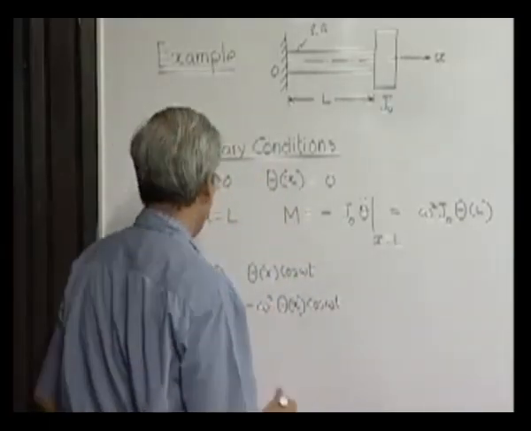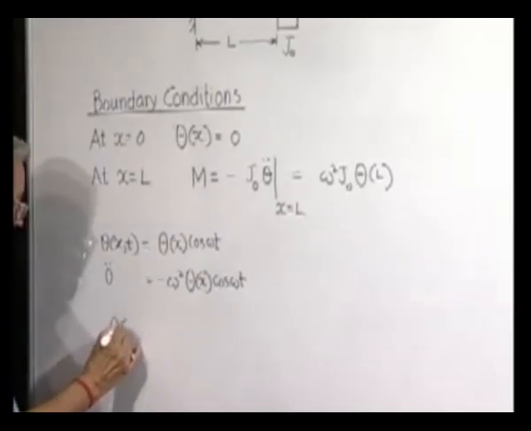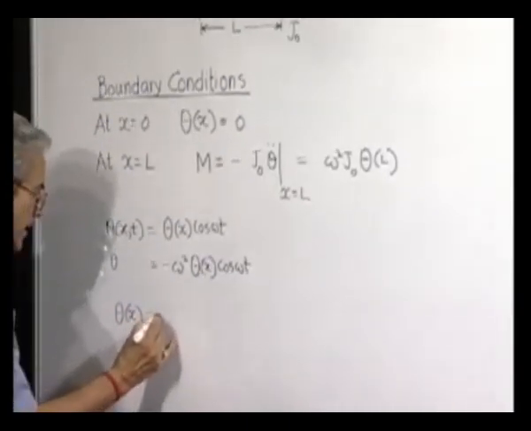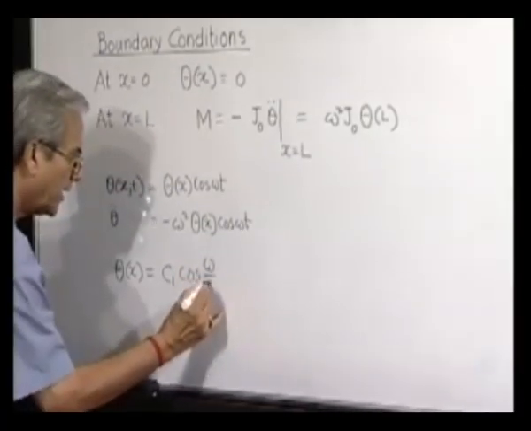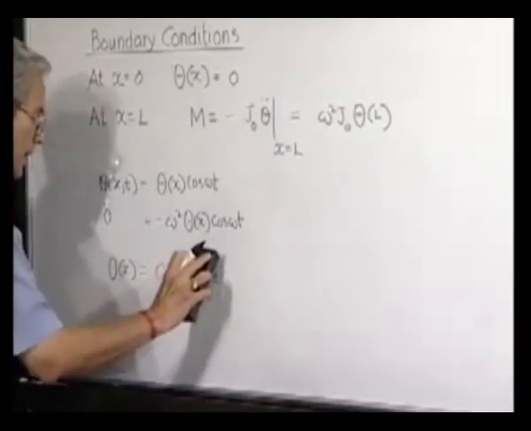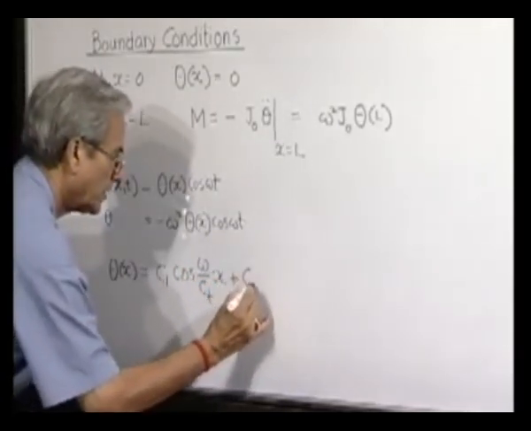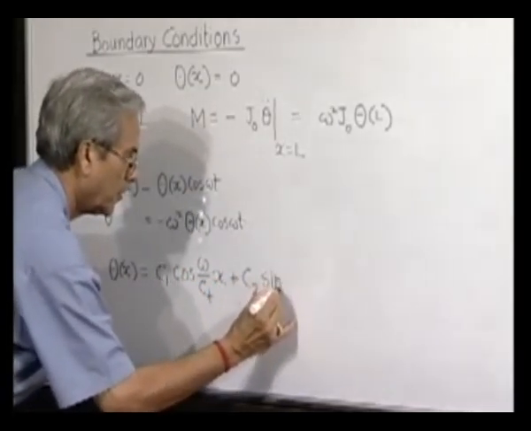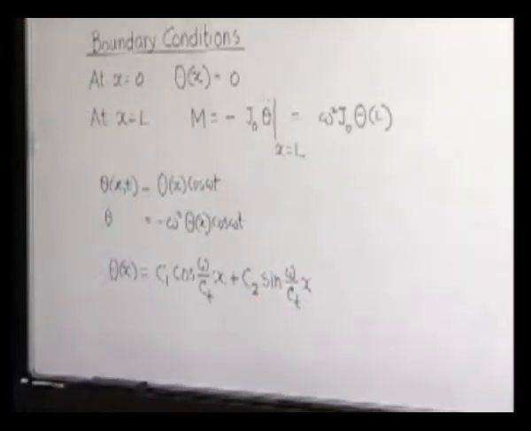Now, we have already seen that theta x we get as C1 cosine omega by Ct x plus C2 sine, this is the form of the solution.